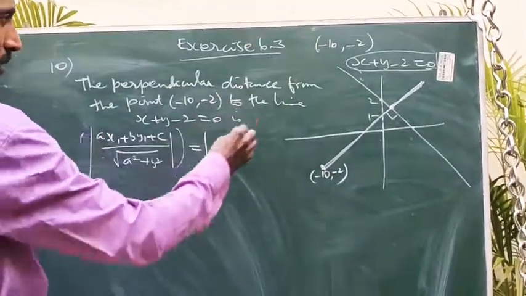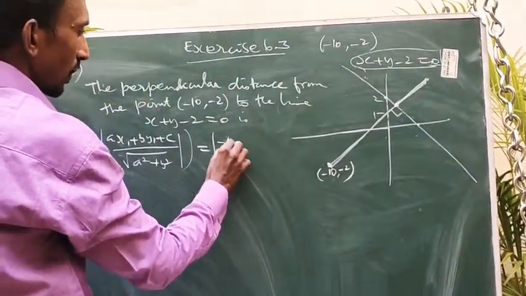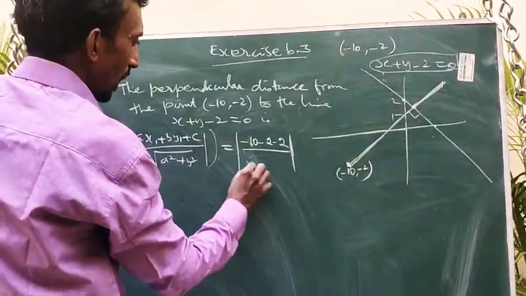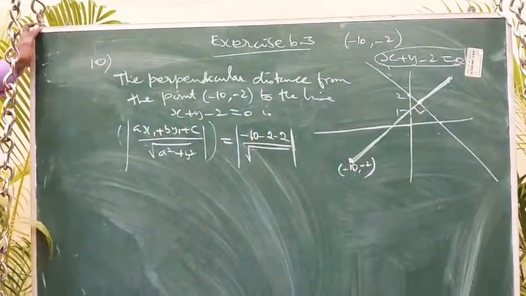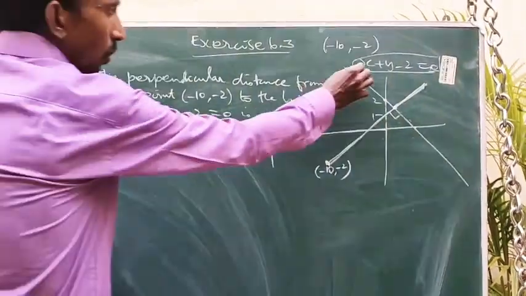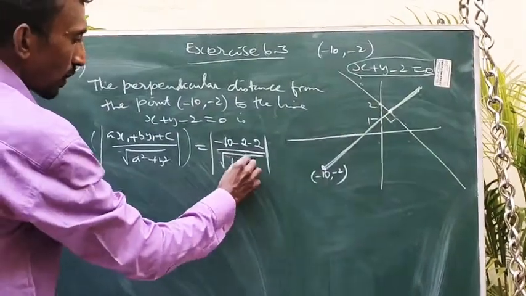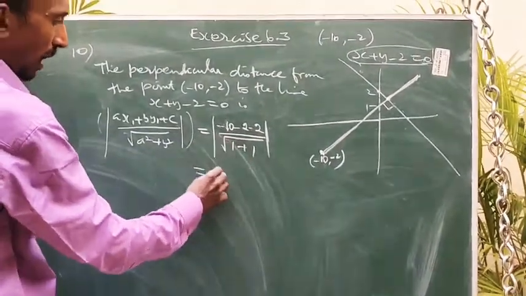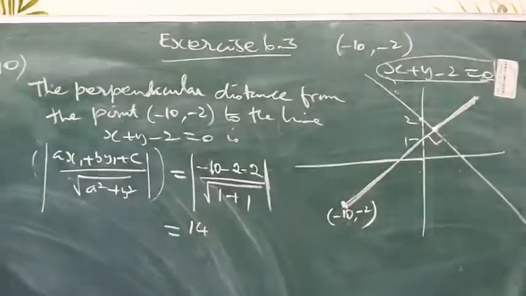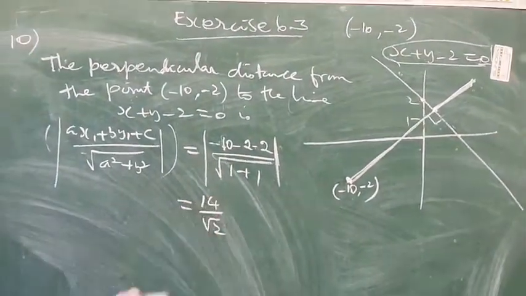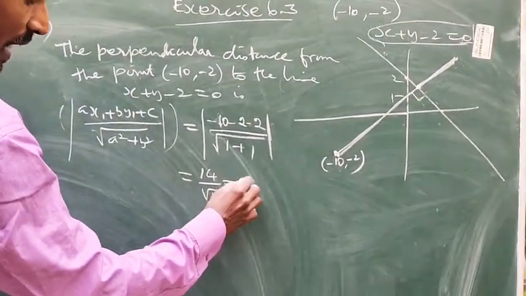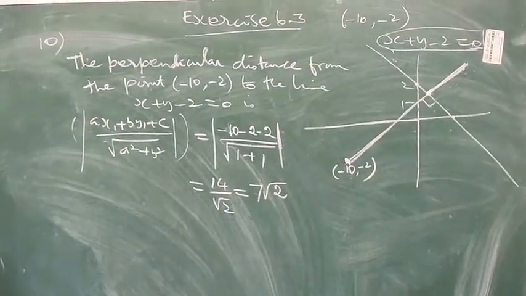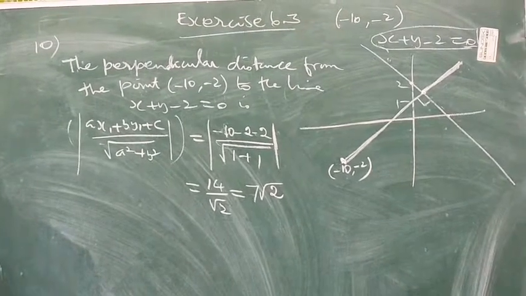Modulus of, put minus 10 minus 2 by root of, a is 1, b is 1, so 1 square plus 1 square. So we are getting minus 14, but modulus, so 14 by root 2. 14 can be written as 7 into 2, so if we cancel by root 2, it can be written as 7 root 2. So the perpendicular distance, or the first answer, is 7 root 2 units.